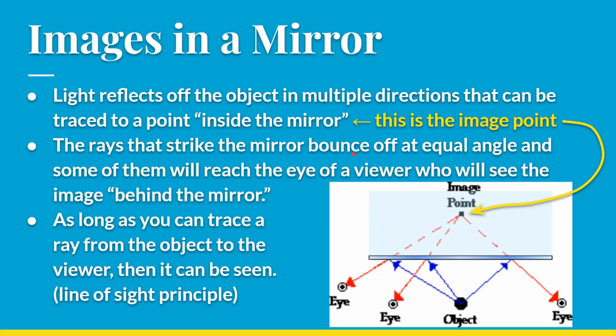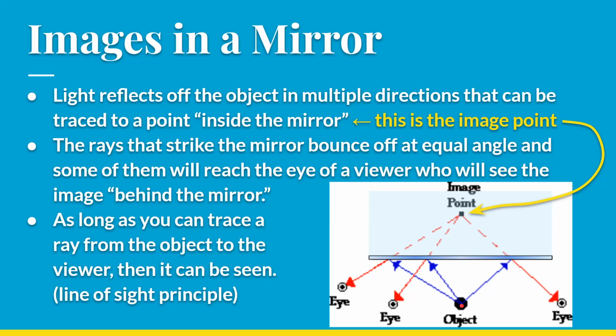When you look in the mirror, it looks like you're inside the mirror. The rays that strike the mirror bounce off at equal angles, and some of them will reach the eye of a viewer who will see the image behind the mirror. You can see how, if you follow this blue arrow from the object, this is the light coming off of the object, and then it bounces off the mirror to this person's eye. Or this light ray bounces off the mirror to this person's eye. Or this one over here, same thing.